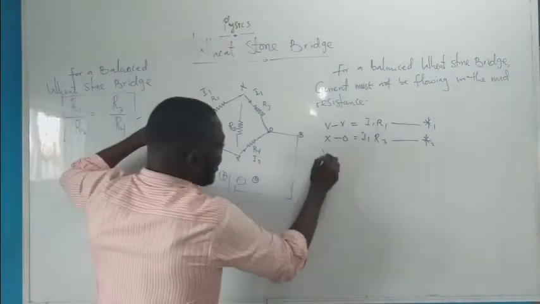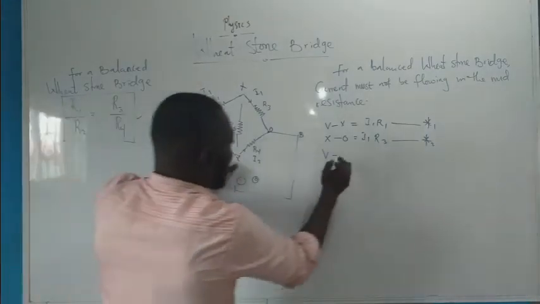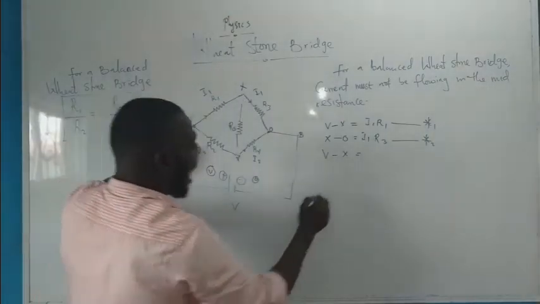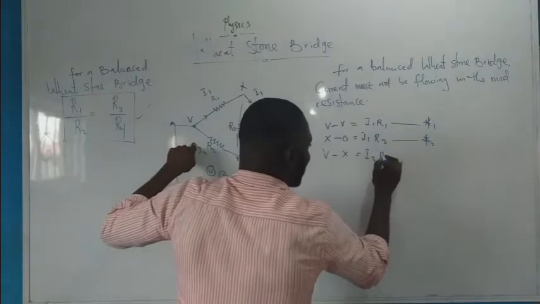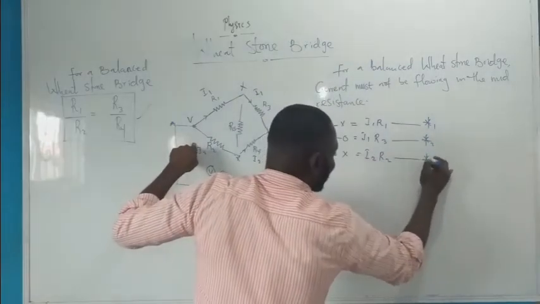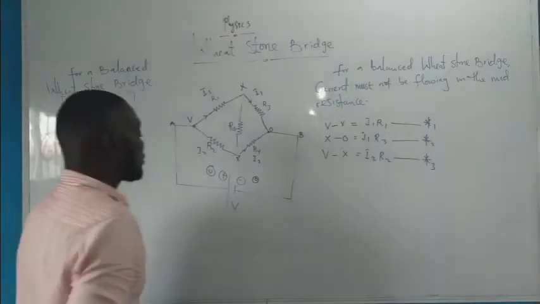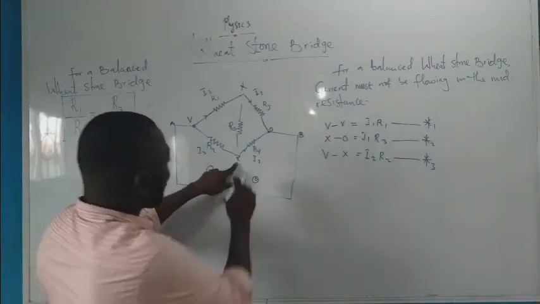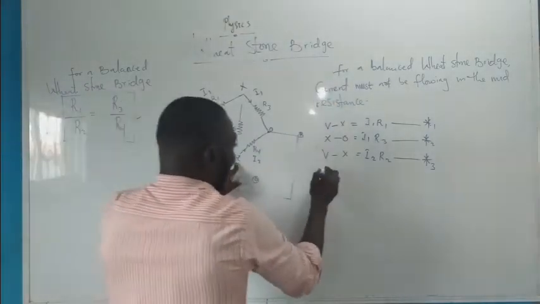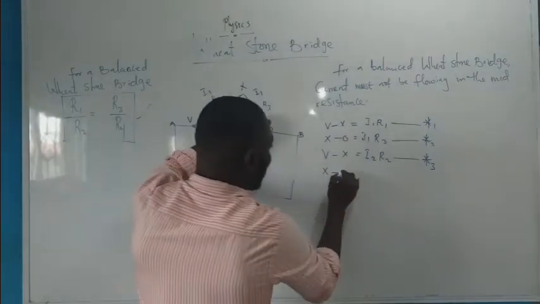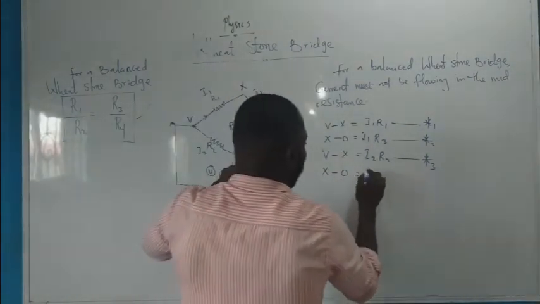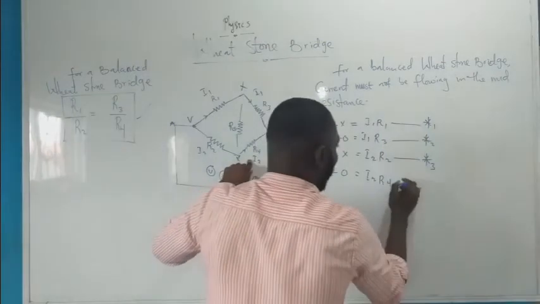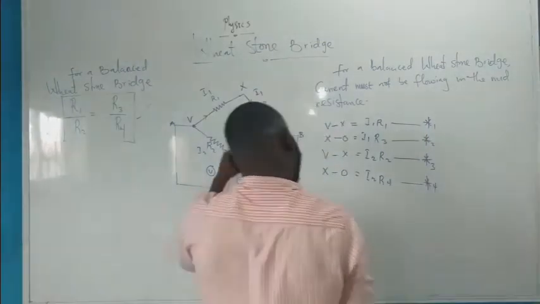Also, V minus X will be I2 R2, asterisk 3. Also, because the current is flowing like this, we have X minus 0 equals I2 R4, asterisk 4.